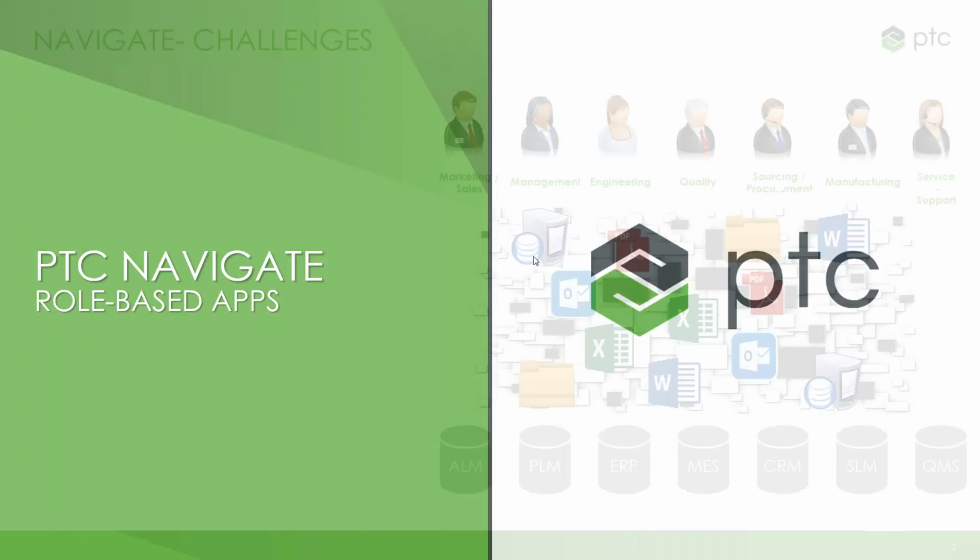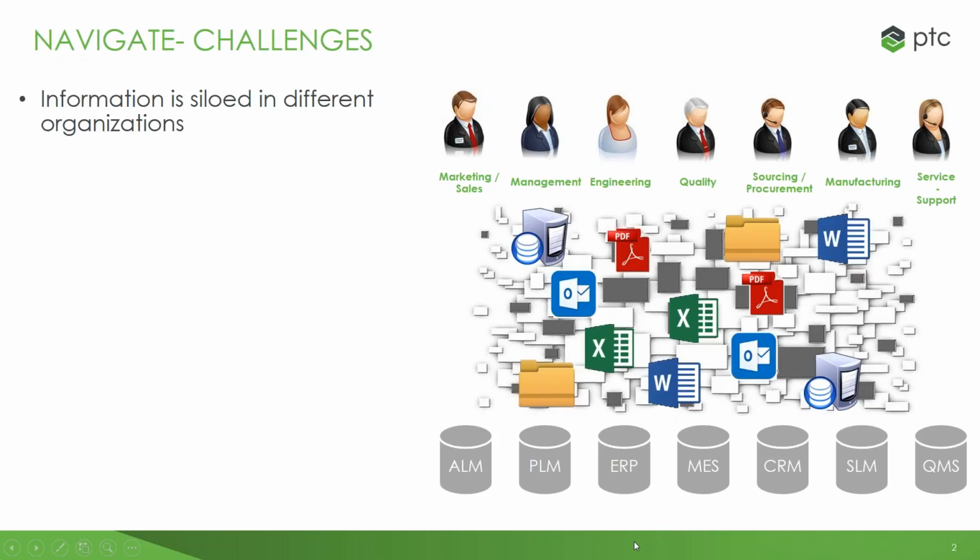So to start off, let's go through some of the challenges faced with other PLM systems around different companies. Information is siloed in different organizations, but this information may be needed by the entire company. It may be needed by certain specific people within the organization. It really varies, but some software systems have a hard time differentiating that information.